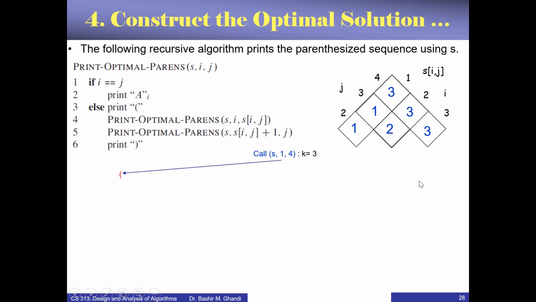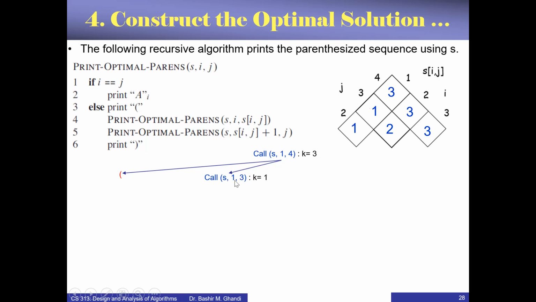Therefore, there is a branch that will just print opening parentheses, as you can see here. There is a branch that will make a call with the same S, the same I, so I is still 1, but with the third argument to be S[i][j]. And as we said, S[i][j] for the first call is actually K, which is 3.